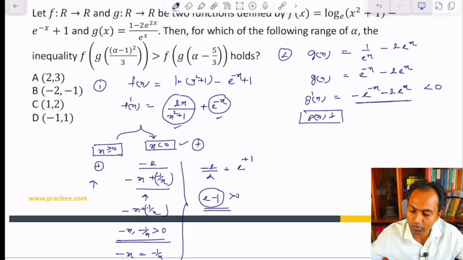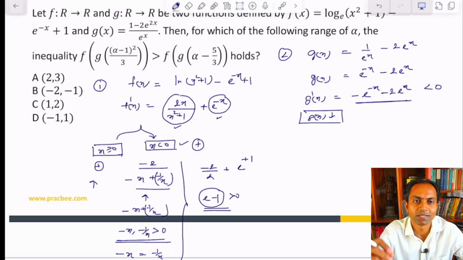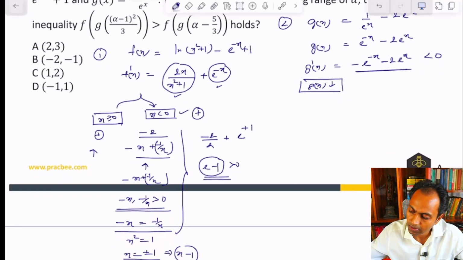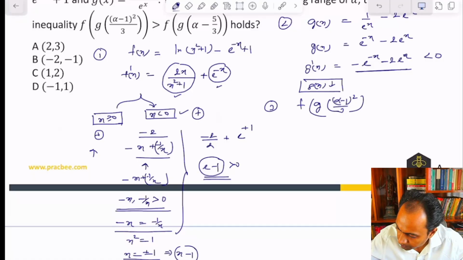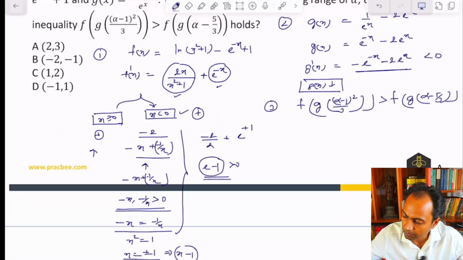So now the situation is very clear. Function f(x) is increasing and g(x) is decreasing. This will help us simplify the inequality that is given to us. If I am writing f of g of alpha minus 1 whole square by 3 greater than f of g of alpha minus 5 by 3. Since f(x) is increasing, whatever is written inside f(x) will retain its sign.